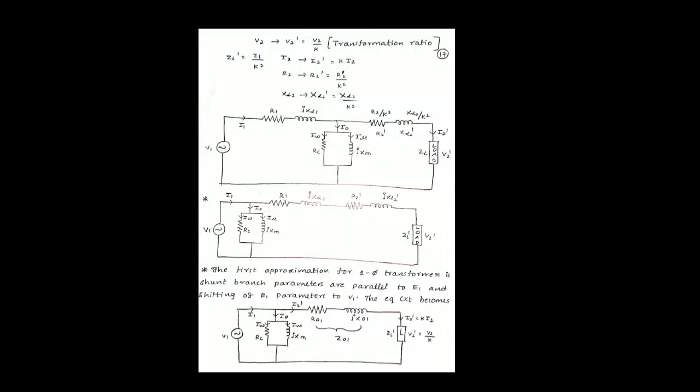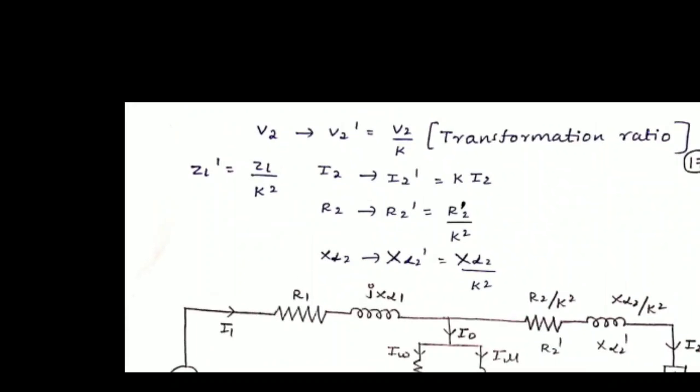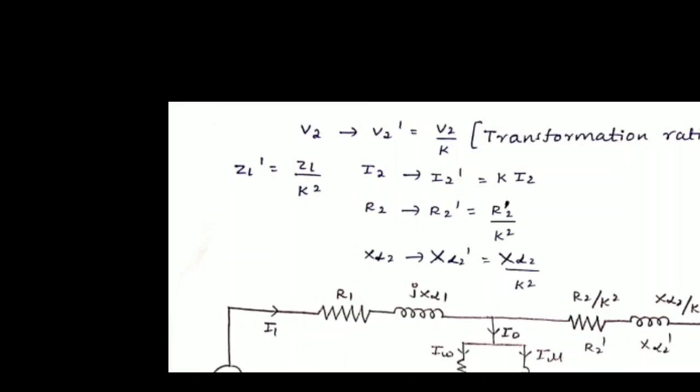To shift these secondary side parameters, first of all the load voltage V2 or VL, the secondary side voltage, when referred to the primary becomes V2 dash. V2 becomes V2 dash, ZL becomes ZL dash, I2 becomes I2 dash, R2 becomes R2 dash, XL2 becomes XL2 dash, like that.